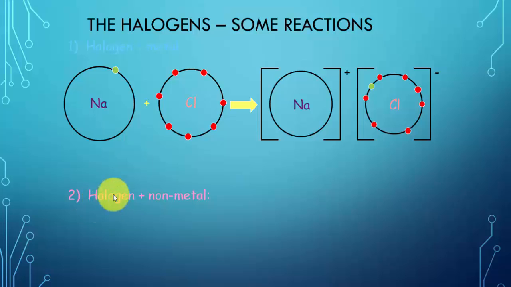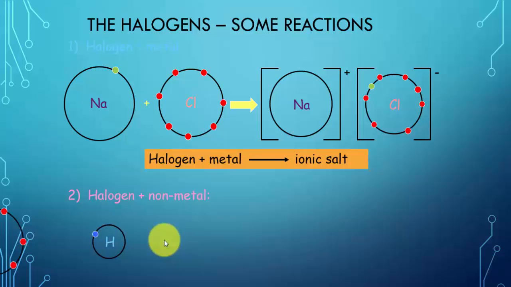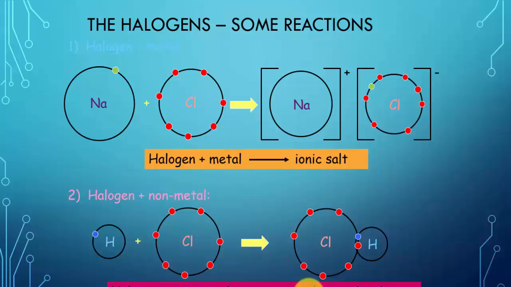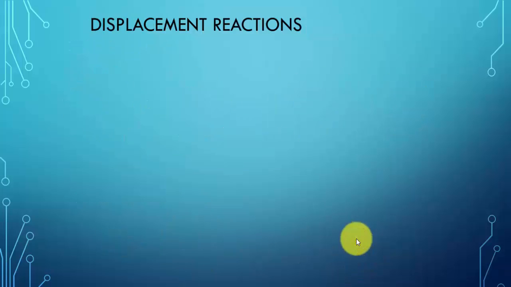Second reaction, halogen with non-metal. When a halogen such as chlorine reacts with hydrogen, it gives hydrochloric acid. Halogen and non-metal form a covalent bond because hydrogen is non-metal and chlorine is non-metal. So each element shares 1 electron to form a covalent bond.